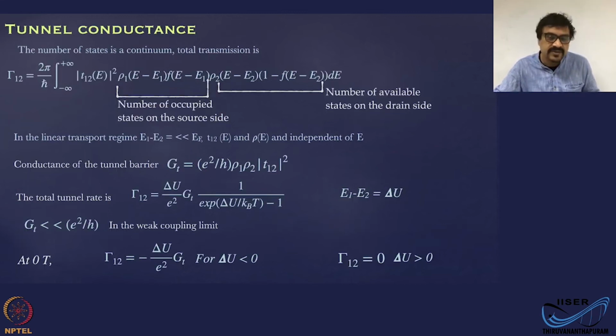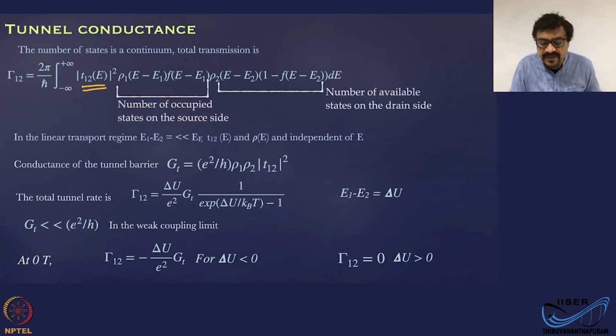Okay, so the total tunnel rate is given by the integral of T12(E) squared, that is the transmission coefficient, and rho1 times f(E minus E1), this term. rho1 is the density of states, and f is the occupation probability. So this term, rho1 times f1, is giving you how many states are occupied on the source side.